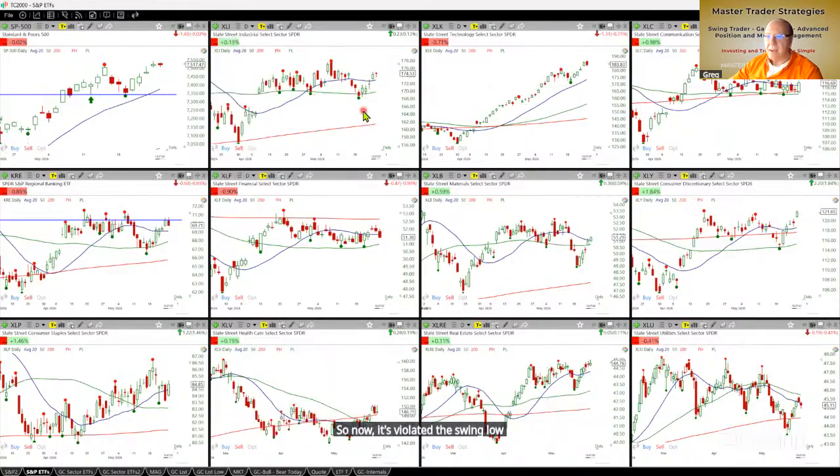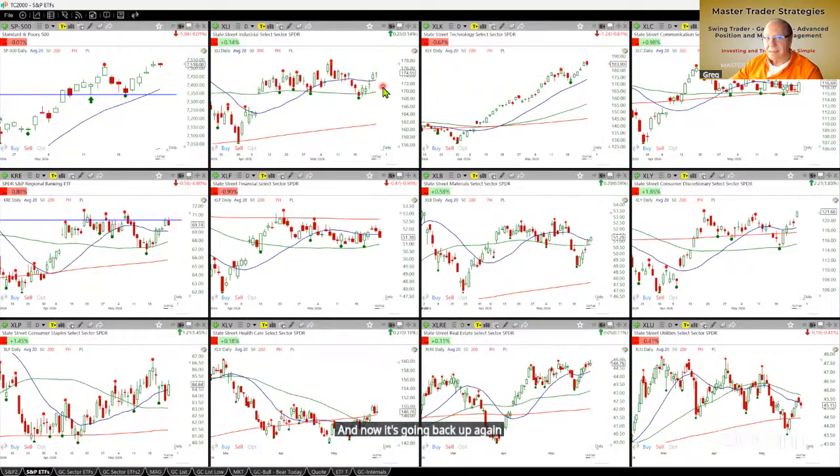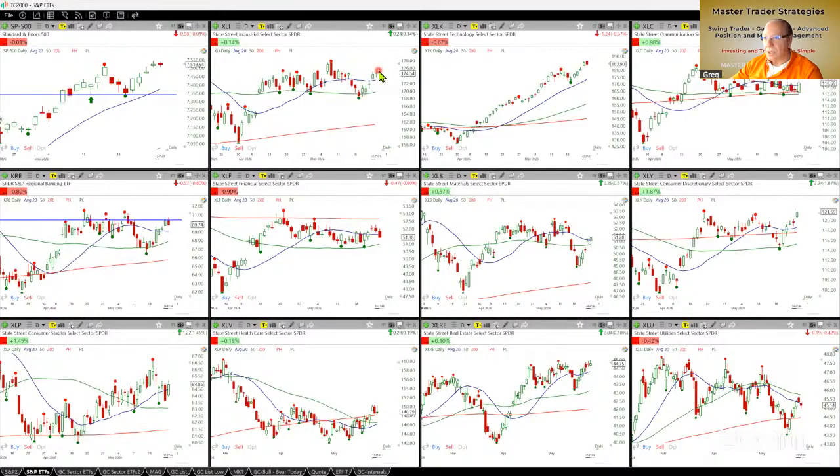It's going to go back down. So I wait for some kind of setup. It's not down in multiple time frames. The moving averages are intertwined. And now it's going back up again. Is this lunacy? Schizophrenia? Uncertainty? Yes. That's individuals, institutions managing billions of dollars saying, I think it's going to go up.